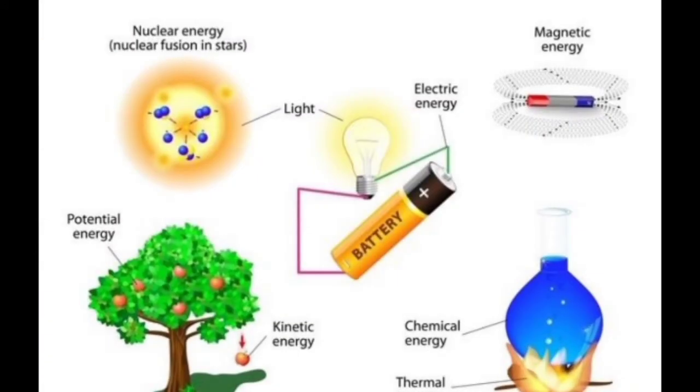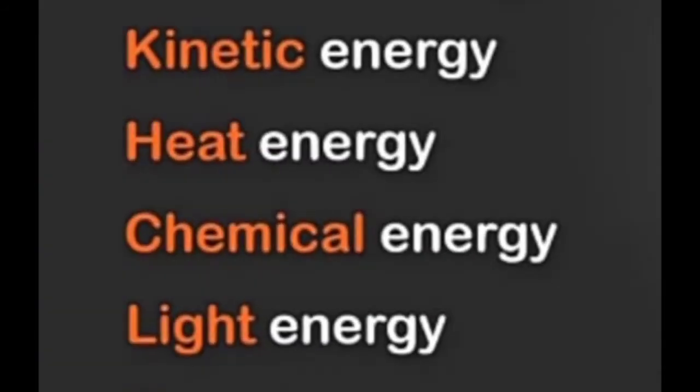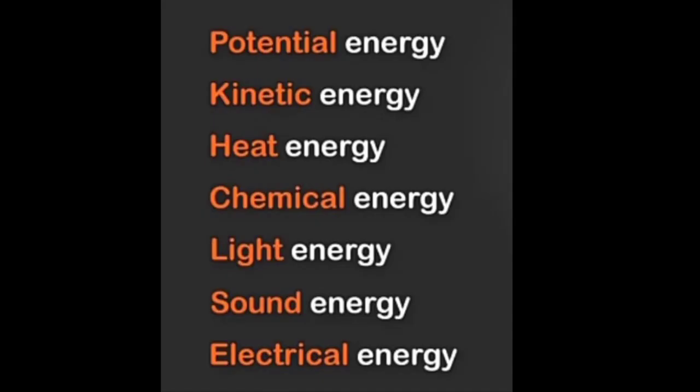Now, different forms of energy. Energy exists in different forms. The main forms of energy are potential energy, kinetic energy, heat energy, chemical energy, light energy, sound energy, and electrical energy. The potential energy along with kinetic energy is known as mechanical energy.